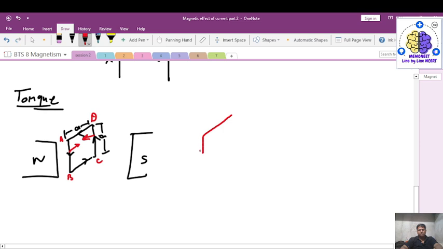F in this direction and this F in this direction, forming a couple.